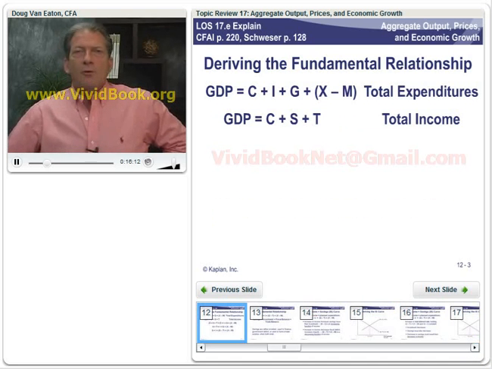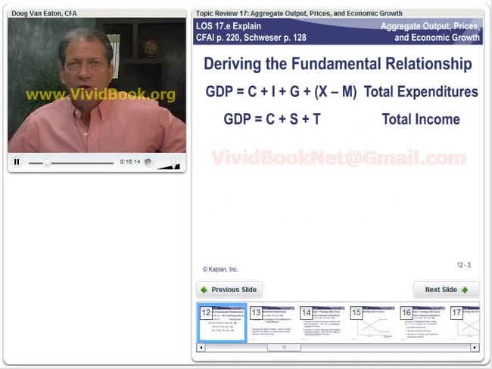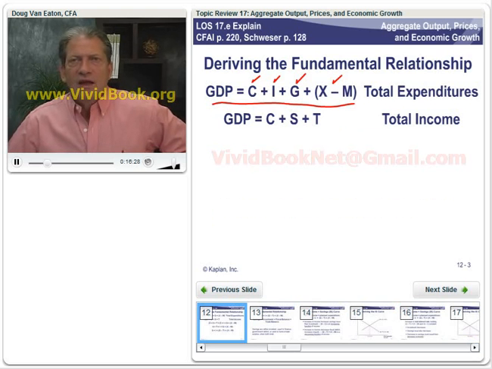So remember the big deal relationship here? GDP equals consumer spending plus business spending on investment plus government plus net exports. Exports minus imports. That's our expenditures approach. From the total income approach, we've got taxes rather than government spending.